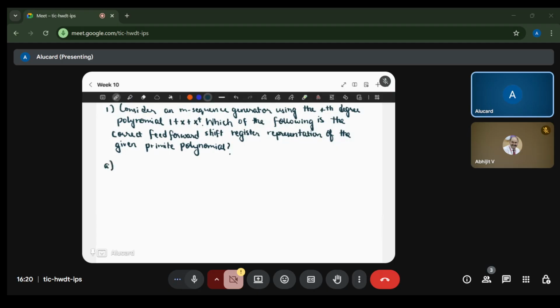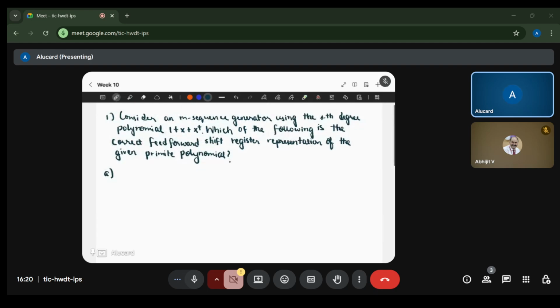Okay, we have been given a fourth degree primitive polynomial, 1 plus x power 4. We have to check which is the correct feed forward shift register representation of the given primitive polynomial.